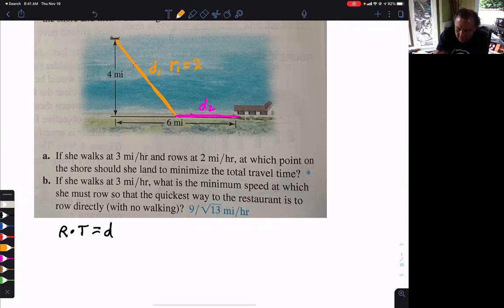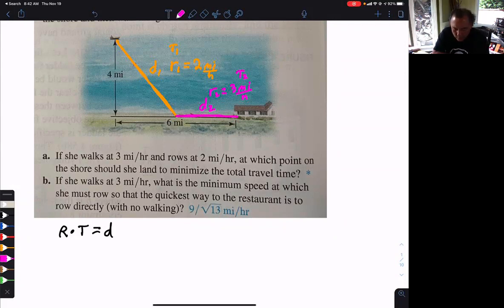It's 2 miles per hour. And what's her rate of walking? They tell us she walks at 3 miles per hour. And then the time on the boat we'll call T1. And then the time that she walks is T2.